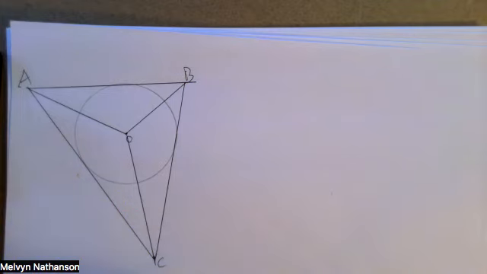And I claim these lines are the angle bisectors. Let's see. Why is that true?